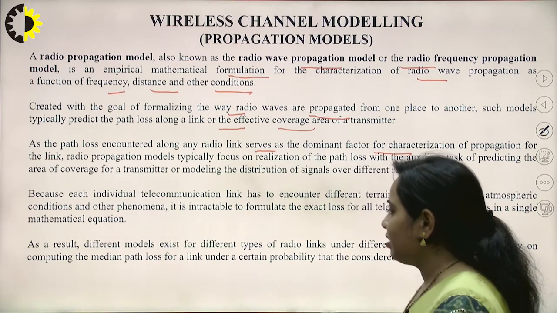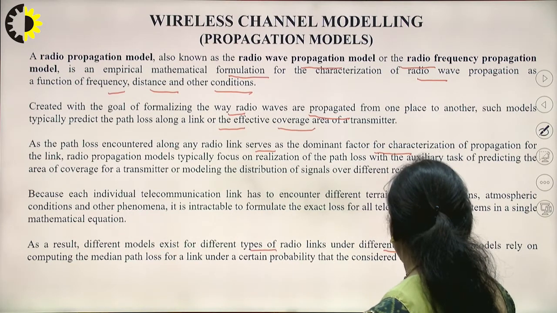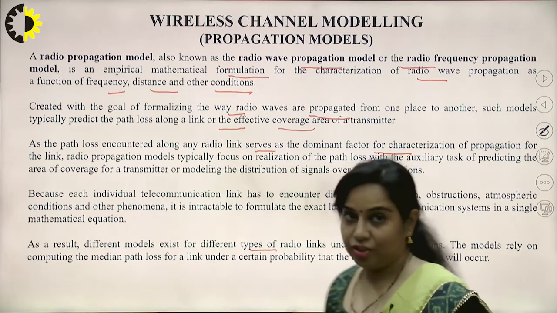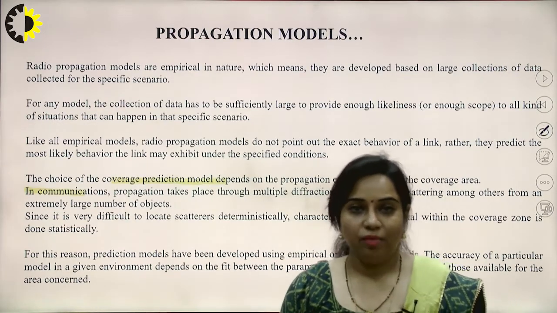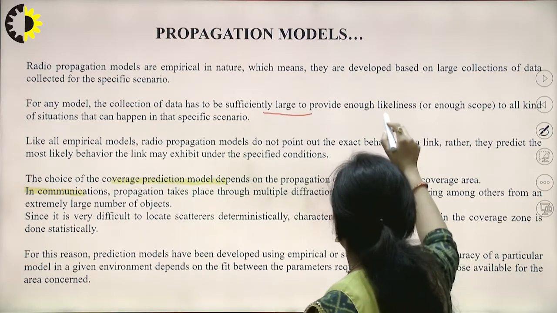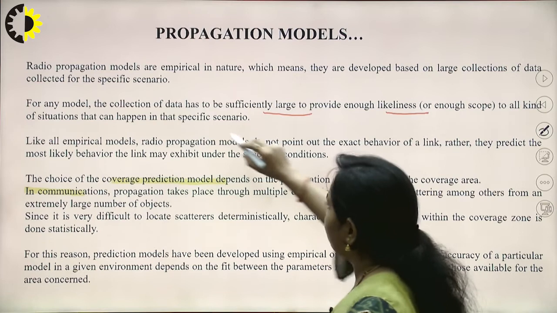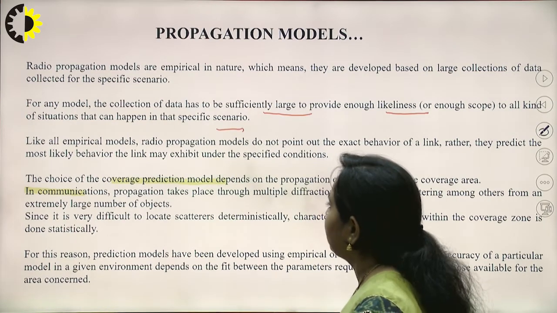As a result, different models exist for different types of radio communication links under different conditions. For any model, the collection of data has to be sufficiently large to provide enough likeliness to all kinds of situations that can happen in that particular scenario.